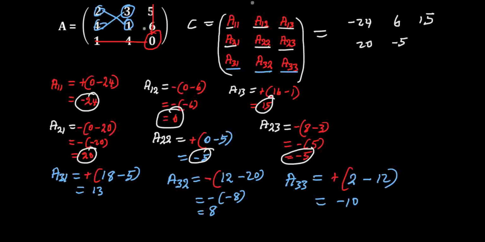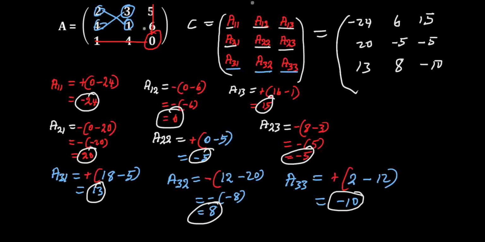This is negative 5. This is 13. This is 8. And this is negative 10. So we can simply put the parentheses. Good. So this is the cofactors of the square matrix A, the cofactors.